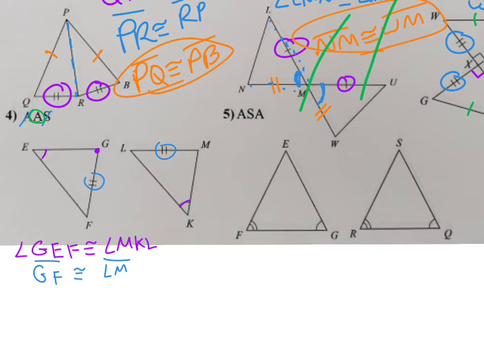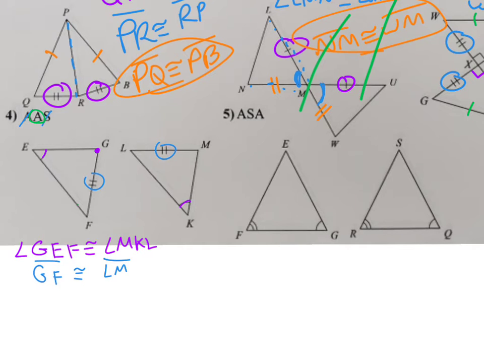If I pick this angle right here, that's going to be angle side, because the congruent side is only touching one of the angles. If I pick this angle here, it'd also be angle side, because it's touching one of those.